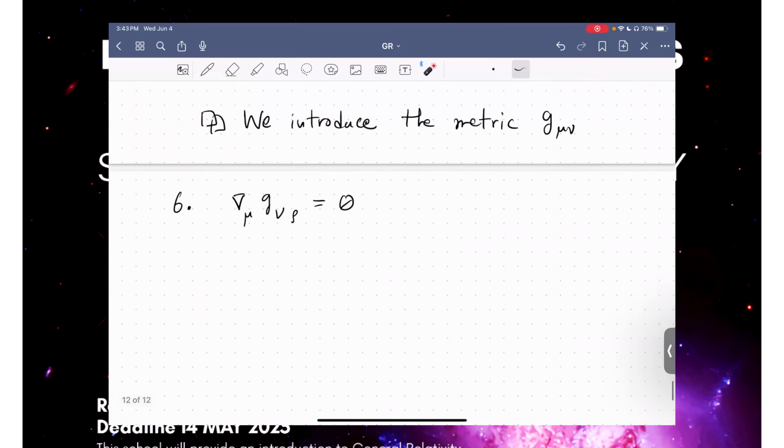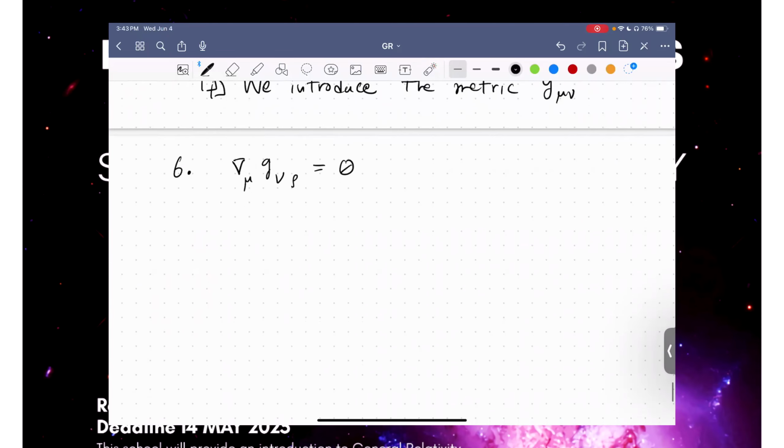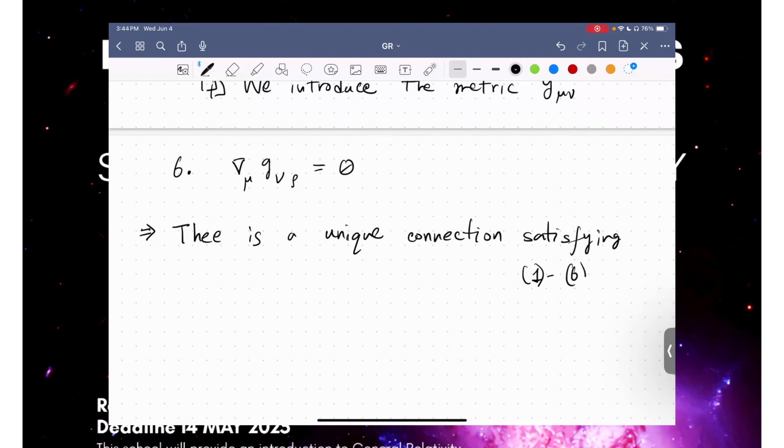Okay. Now the answer is much more interesting. And the answer basically is that, as a consequence of all these 6 constraints, there is a unique connection satisfying 1 through 6. Okay.